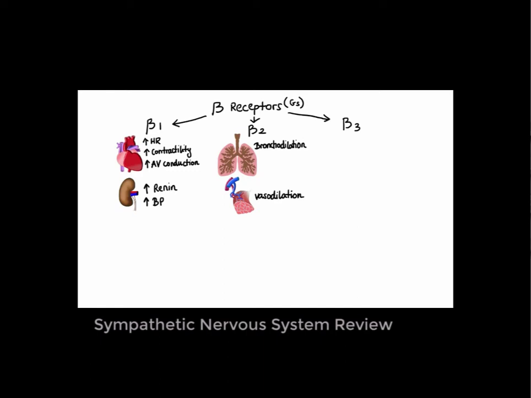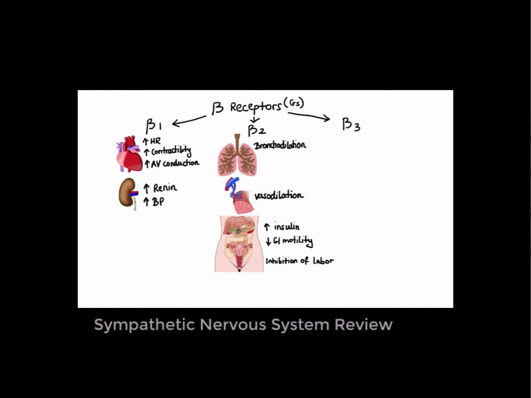They are also located on smooth muscle in the GI tract and uterus, and when activated there, they lead to smooth muscle relaxation, which in GI results in decreased motility, and in the uterus, it can cause inhibition of labor. Lastly, beta 2 receptors can be found in pancreas, and when activated there, they lead to increase in insulin secretion.